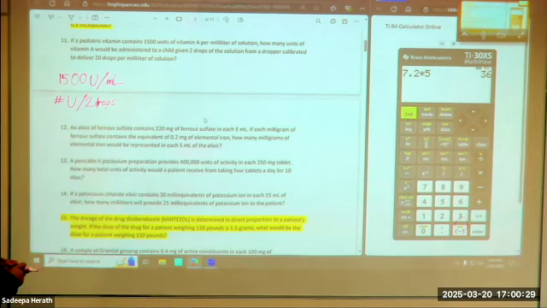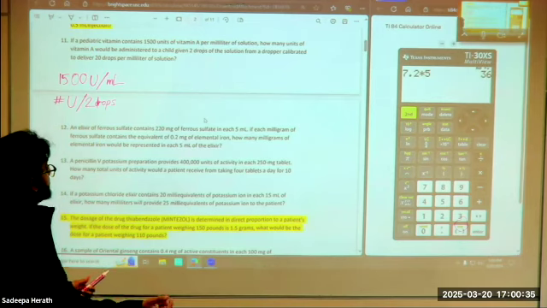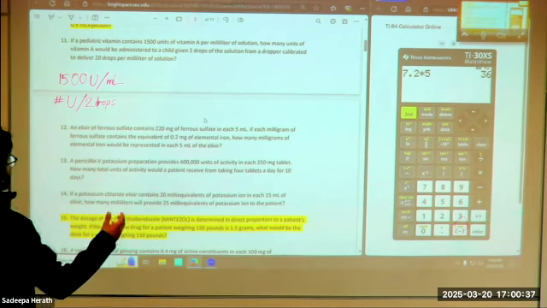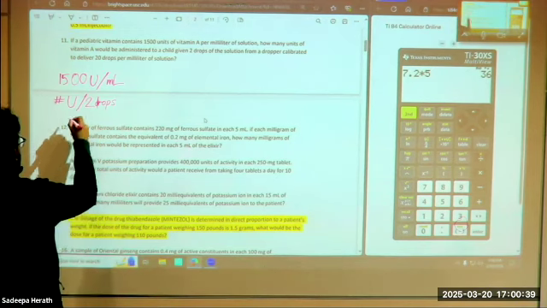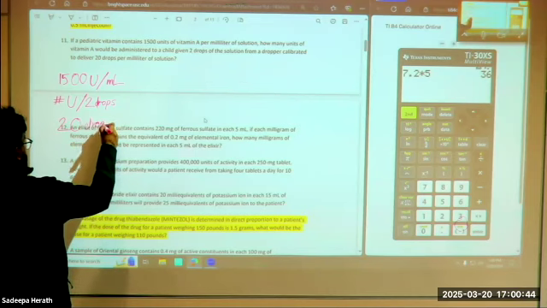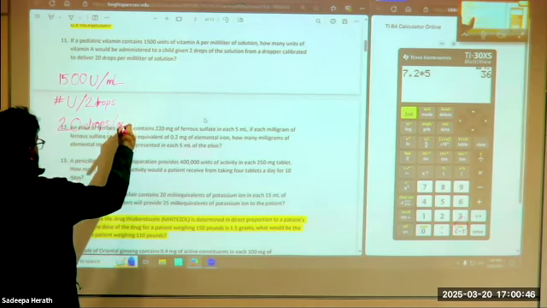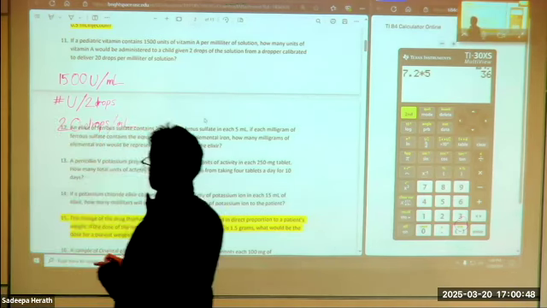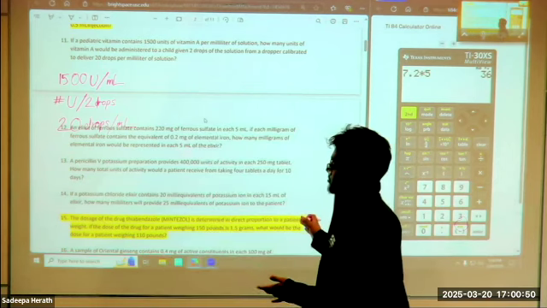Okay, and the way of administering those drops is through this dropper that is calibrated at 20 drops per ml. Cool.